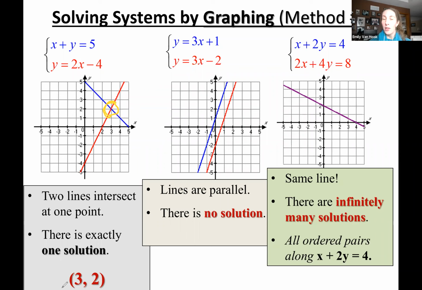Okay, here's some other scenarios that can happen. These are a little less common. In the middle here, if you have 2 equations, and when you graph them, they are lines that are parallel to each other, they never cross. And so in that situation, you would have no solution. We're going to see what that looks like algebraically a little bit later.